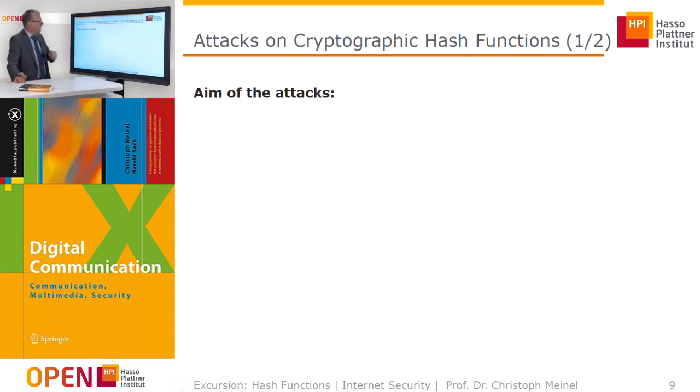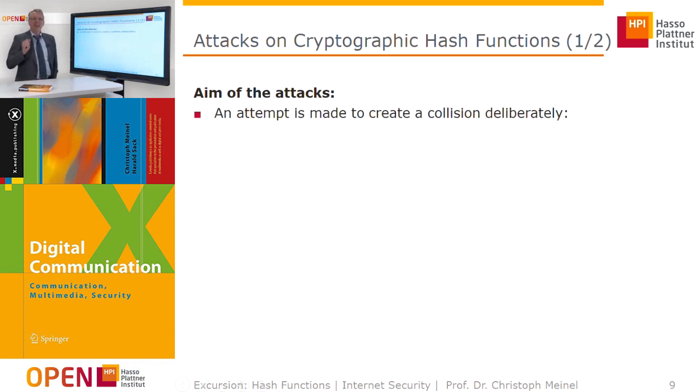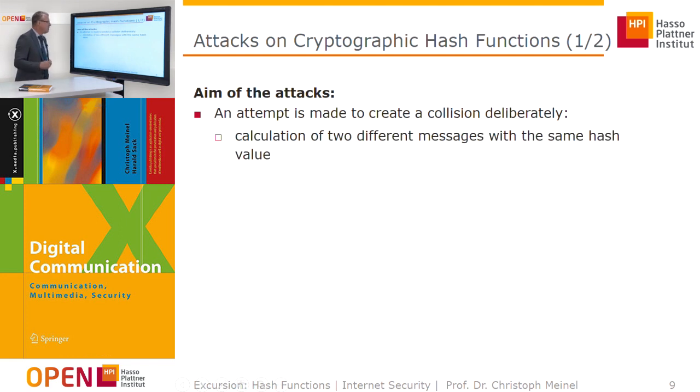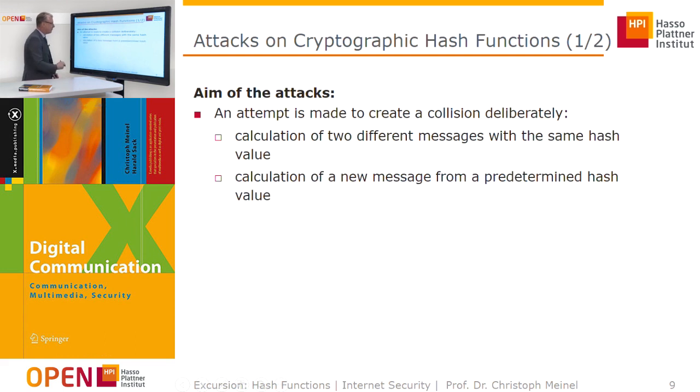What are the attacks against cryptographic hash functions? Of course, we already mentioned collisions play an important role, so the aim of an attack is to try to create a collision. To create a collision means to find 2 different messages with the same hash value.